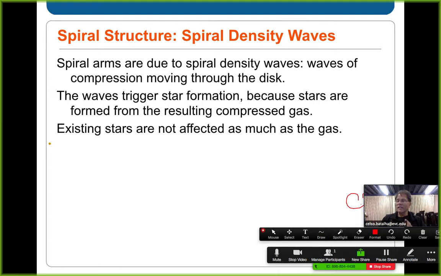So basically, density waves are a very good explanation. In fact, in all the simulations that I showed before of spiral galaxies interacting among themselves, when they get close, the density waves produce this nice spiral structure, and then you can see that highlight being formed.